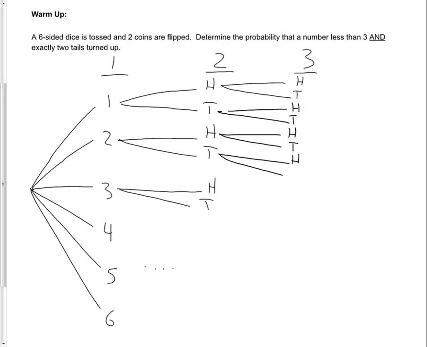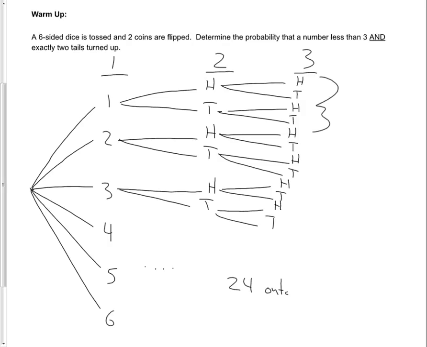So each time I roll a number, let's say a 1, there are ultimately 4 possible end results: head-head, head-tail, tail-head, tail-tail. So there are 4 possible outcomes for each individual roll of the die, and since there are 6 rolls of the die and 4 possible outcomes for each one of them, there are 24 outcomes in total.